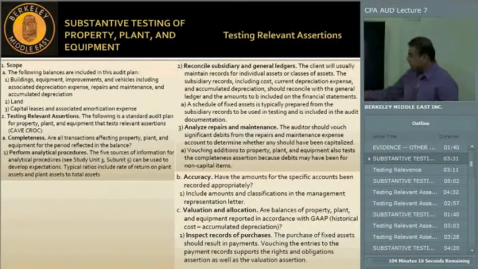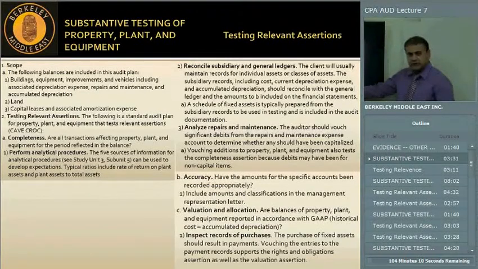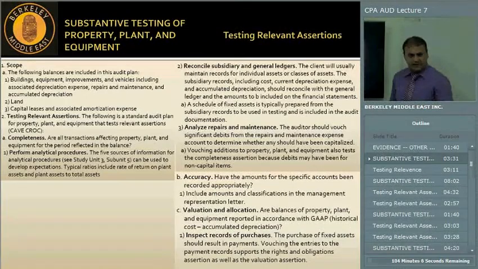Then we can inspect the records for the purchase. We can vouch additions and disposals, this addition in the assets and the disposal of the assets, which will supplement that this asset was bought in 2002, sold in 2009, so you can count the reference, the additions and deletions.